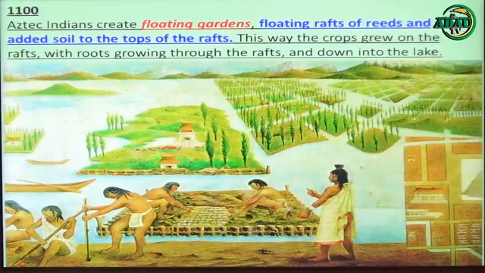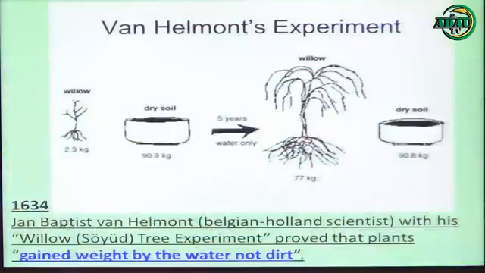While floating in the river, they got necessary nutrients from the water, because the water passed through different regions and carried a lot of nutrients with it. This is another example in history of how hydroponics was used by people.